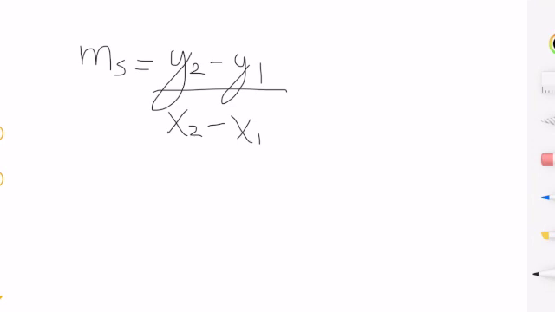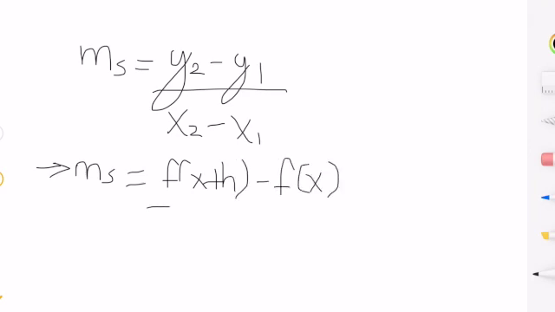Okay, now let's go for a while with the slope of the secant line. We know that the formula to obtain it is y2 minus y1 over x2 minus x1. And now if we replace it for the values that we already have, we will have f of x plus h minus f of x over x plus h minus x.